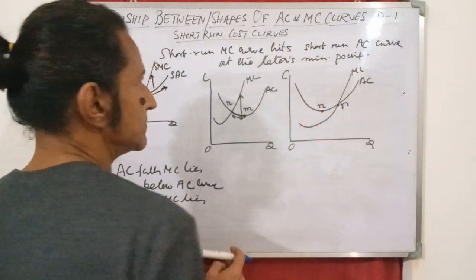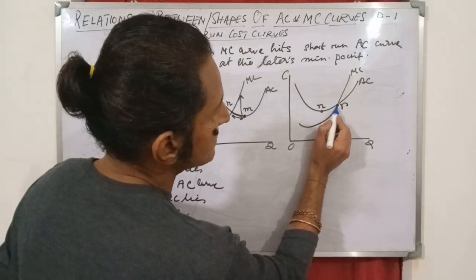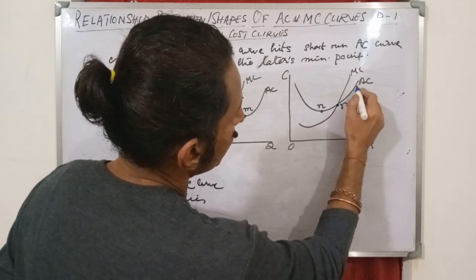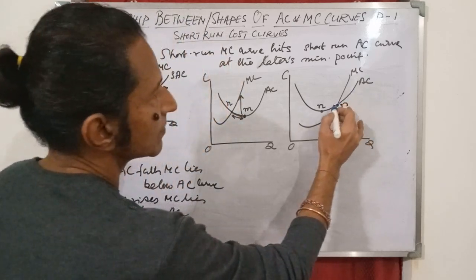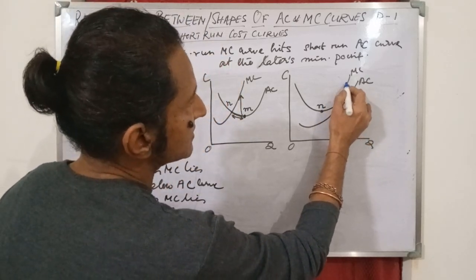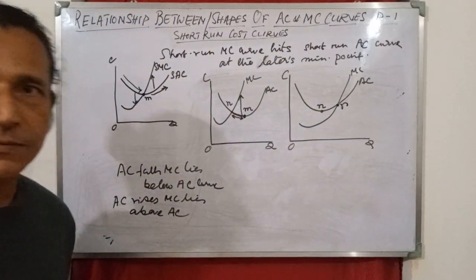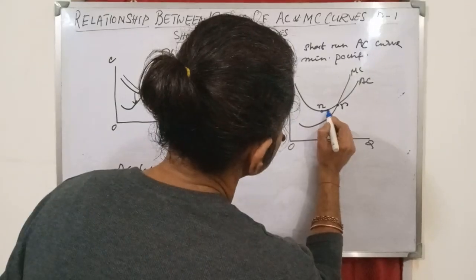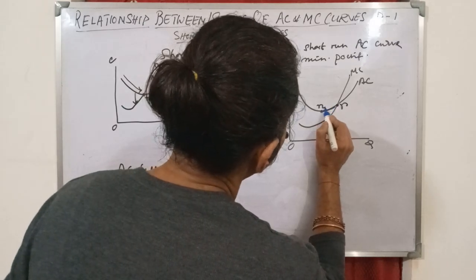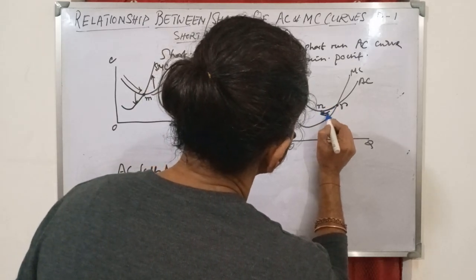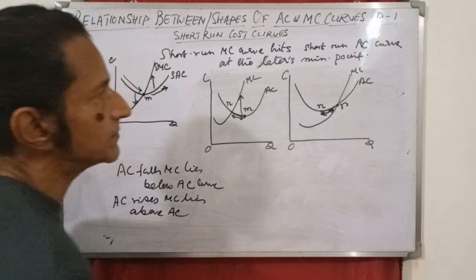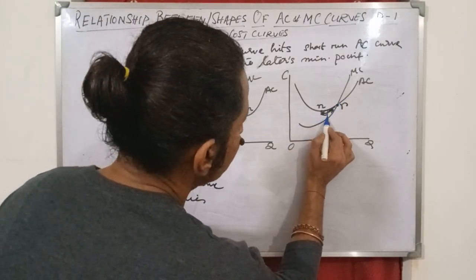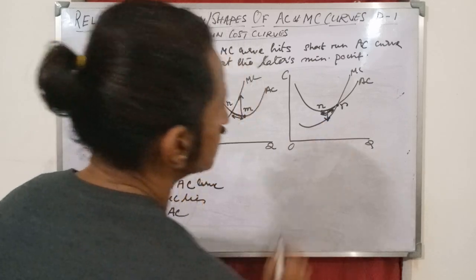Now here you can see as AC is rising beyond point R, MC is above AC. No problem about it. But what about this part? From point N to point R. Here you see AC is rising, still MC is below AC.